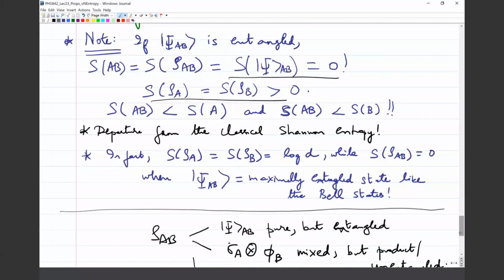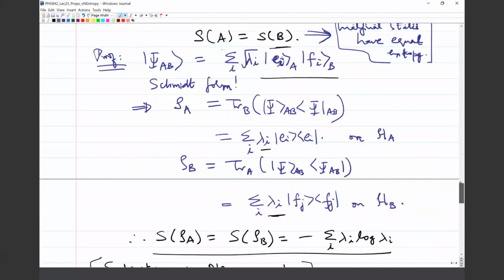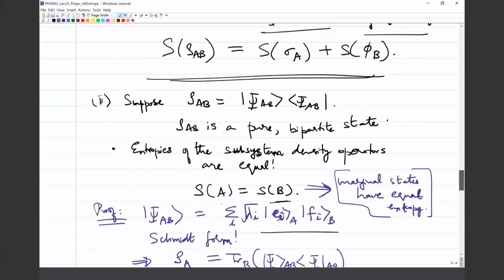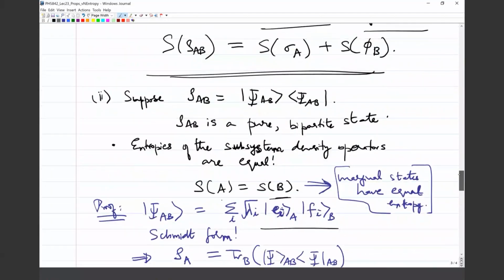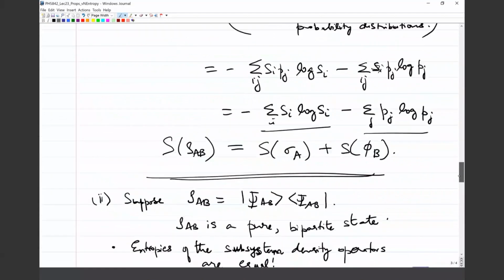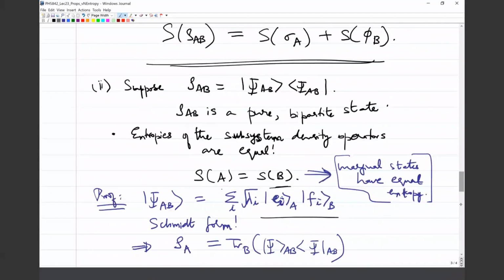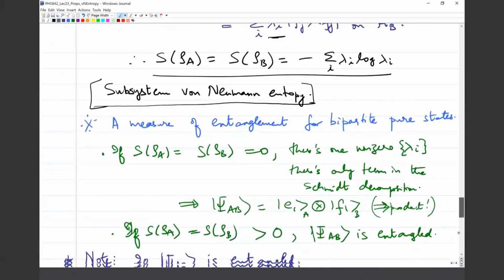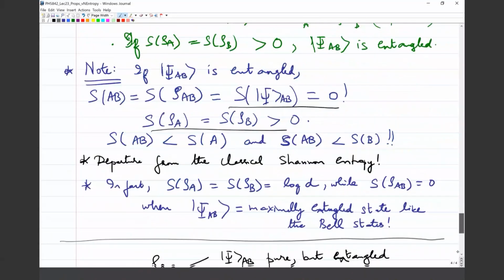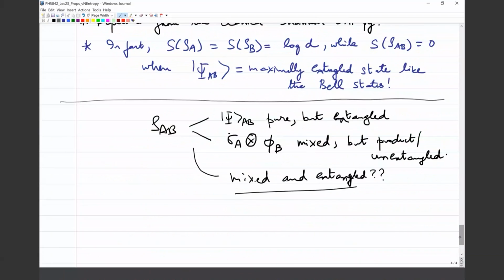Okay, so both of these were properties related to bipartite density operators, right? One where you said that for a product state, the entropy of the tensor product is the sum of the entropies. For a bipartite pure state, the local subsystem entropies are equal. And we saw that the joint entropy need not always be greater than the individual entropies. You can have states where the joint entropy can actually be less than the entropy of the individual states.